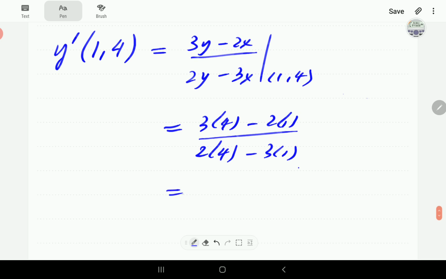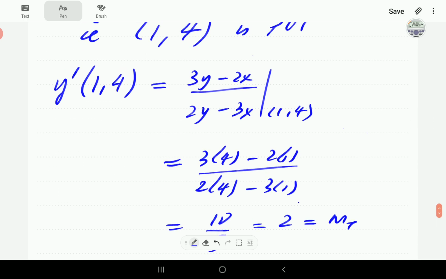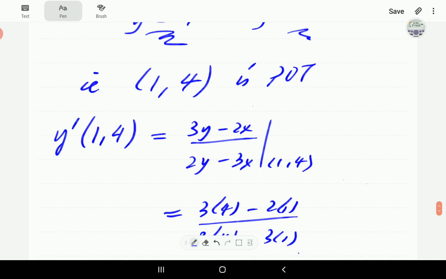In the numerator we have 12 minus 2, in the denominator 8 minus 3. So the gradient is 2. Then the rest is as before.